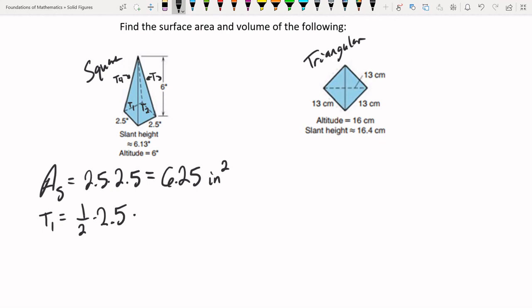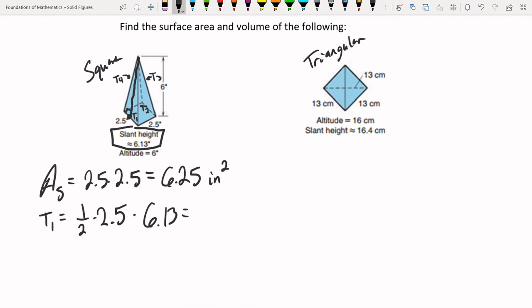And the height of this is the same thing as the slant height. That's the distance from the bottom part of this triangle all the way up to the point. That makes a right angle. So that's the height we're going to use for our area calculations for the side faces.